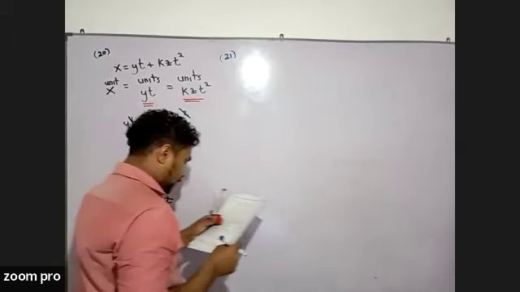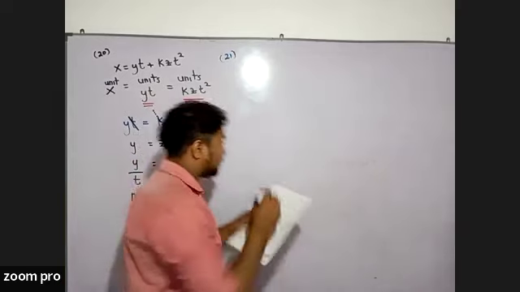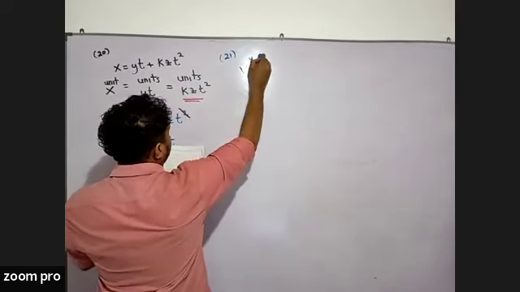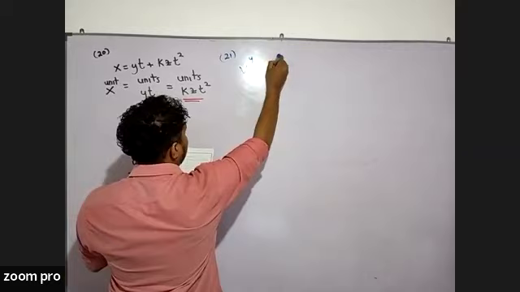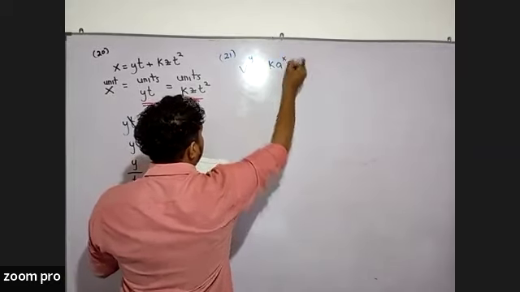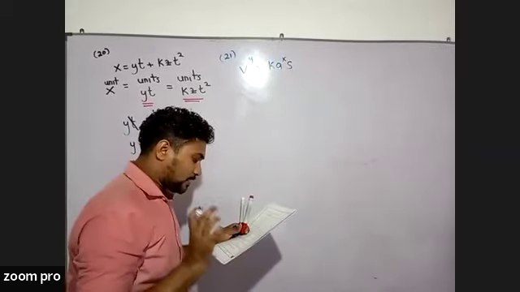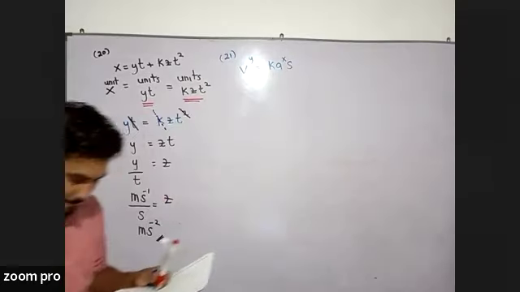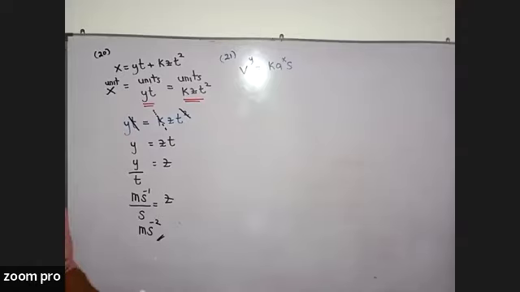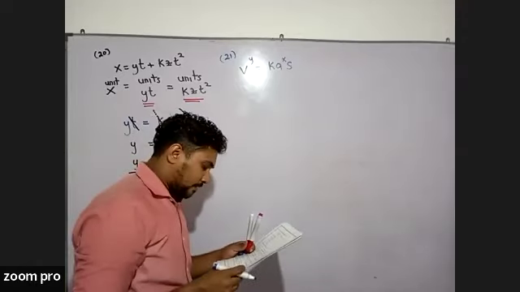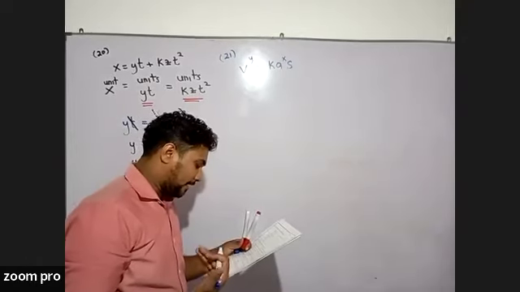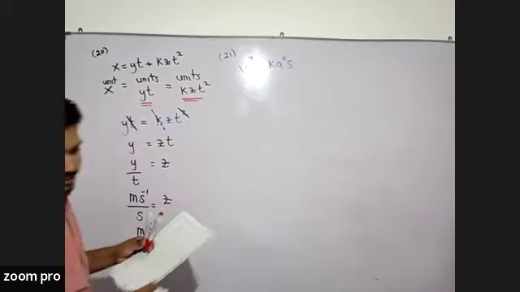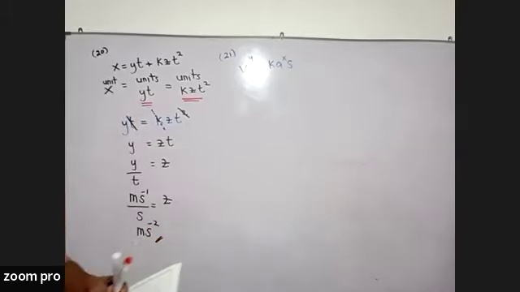In the 21st question, velocity v is given by the equation v to the power y equals k a to the power x, where x also represents the displacement, where x and y are integers.